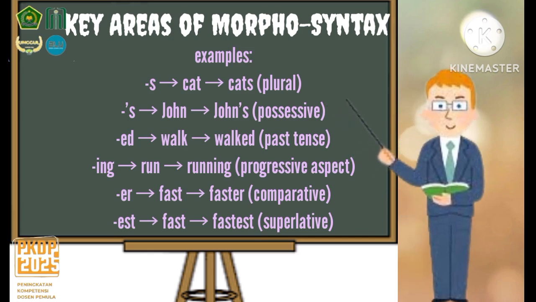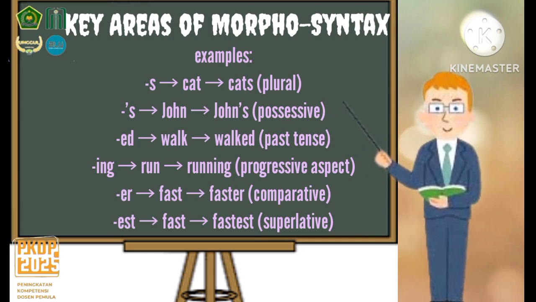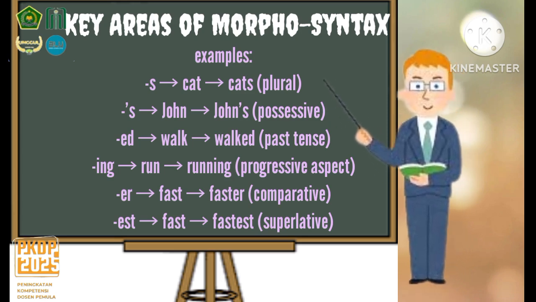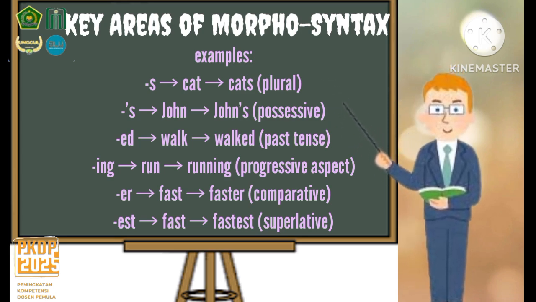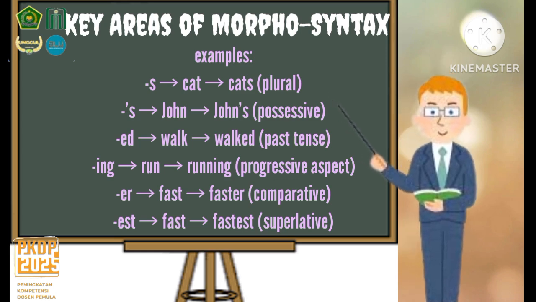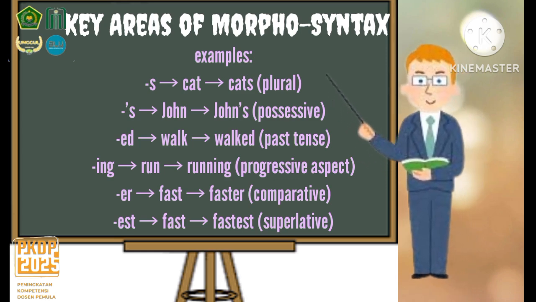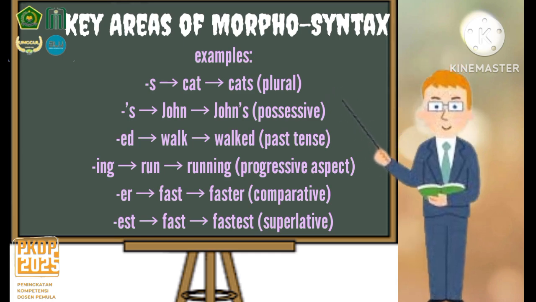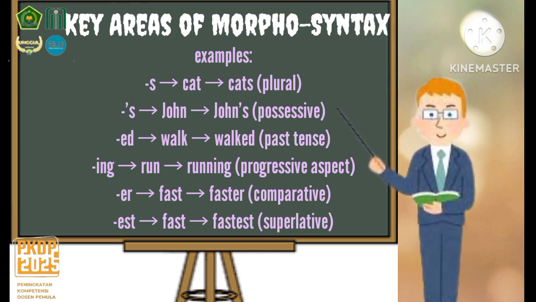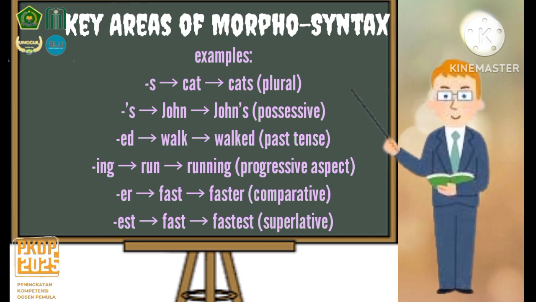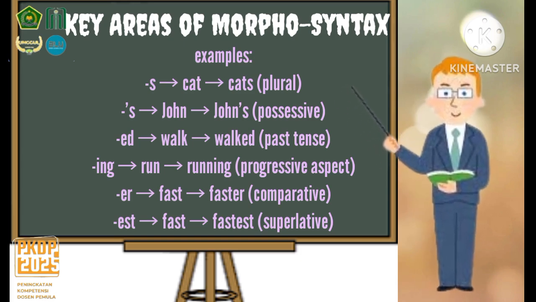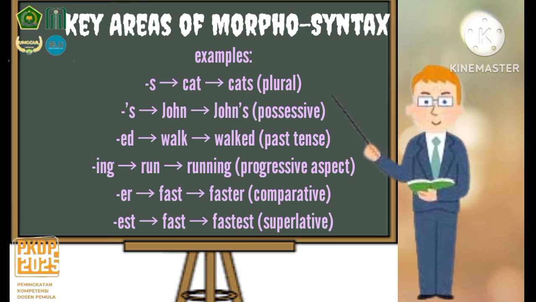The next one is John becomes John's. There is an apostrophe s, which signs the possessive. And the next one is walk becomes walked. There is a suffix ed which signs that the simple present verb becomes the past form.